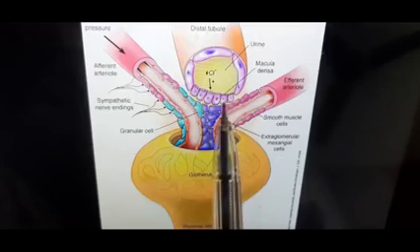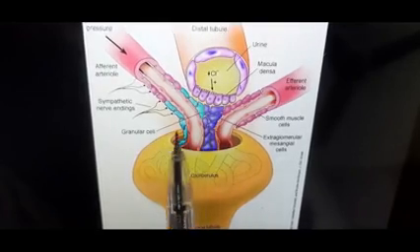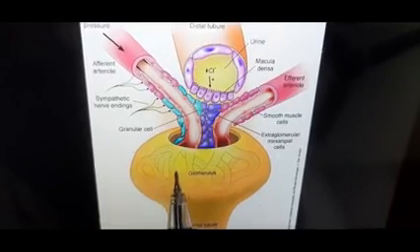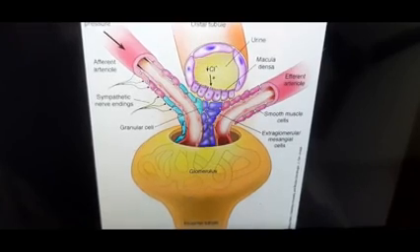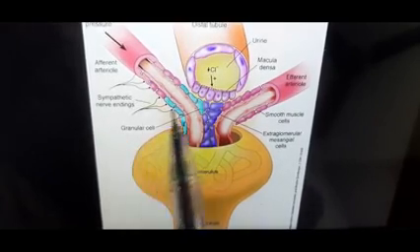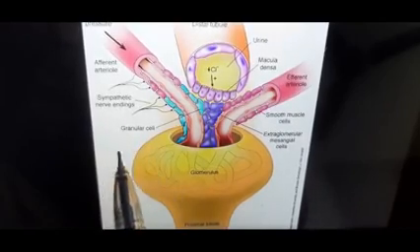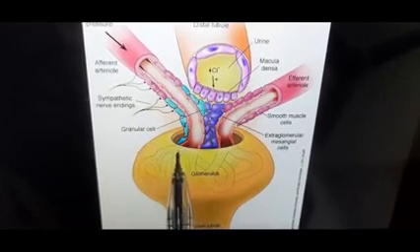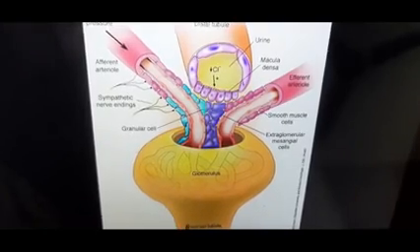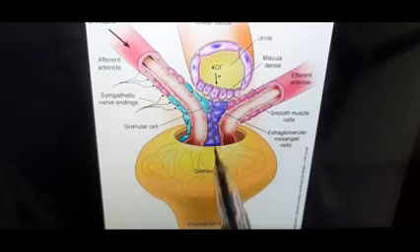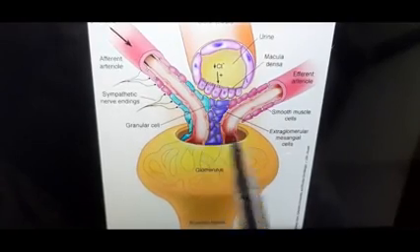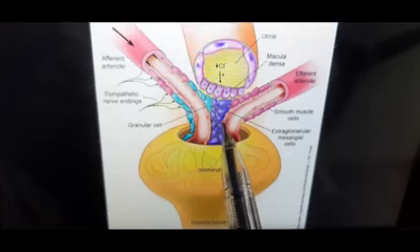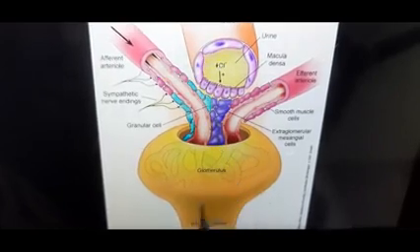So this is macula densa, this is the JG cells, and these are producing the enzyme renin. Then this is the efferent arteriole, and these are the nerves which are initiating them to release the renin enzyme. And this is the tissue between the afferent and efferent arteriole and the distal convoluted tubule. So these are the cells.